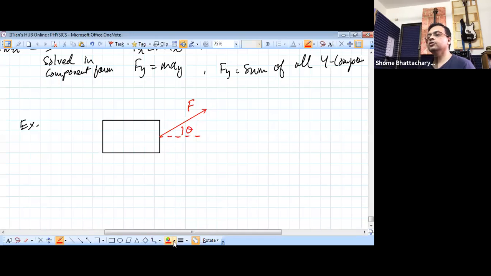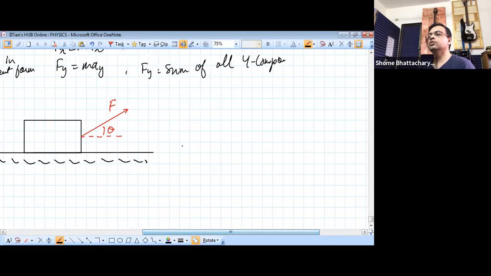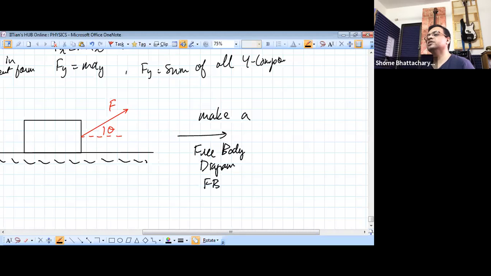So to solve this problem, the man is lying on a smooth surface, lying on a surface like this. To solve this problem, we will make a free body diagram, or in short form we'll call it FBD.